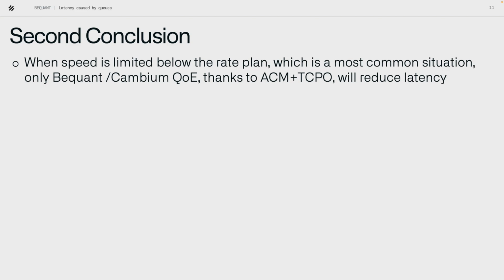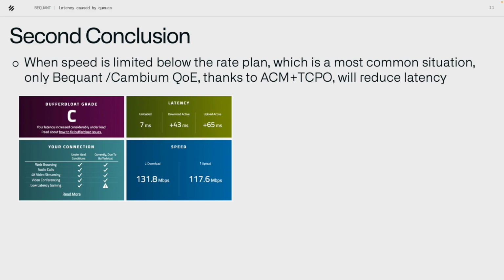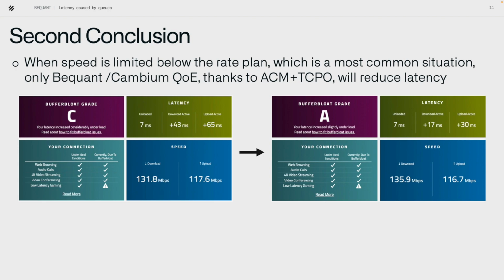Only in those situations, only the Bequant Cambium QoE technology, the advanced Automatic Congestion Management and TCP optimization, the most advanced queuing technology in the market, will help you reduce latency and take a C-grade network with fairly high latency to match an A-grade network with significantly reduced latency.